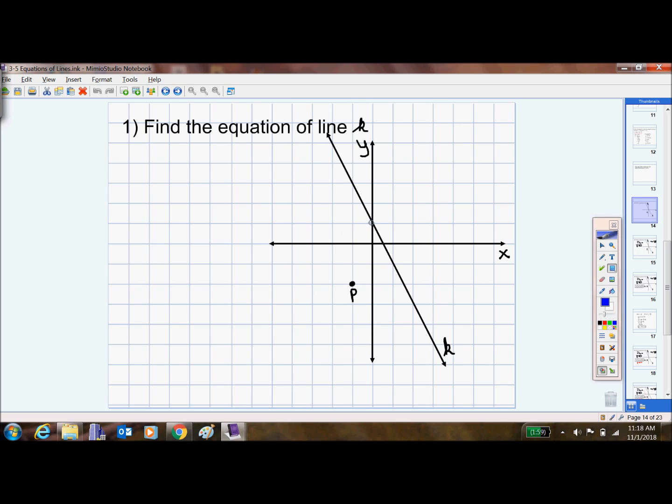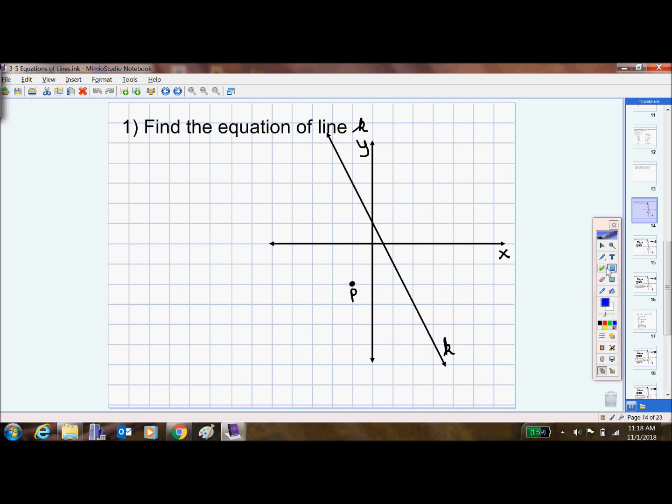And our slope we find by counting rise over run. So we're going maybe from this point to this point. Our rise is actually not a rise, it's a fall. So how many down? 2 down and 1 over. So our slope is -2 over 1, or -2.